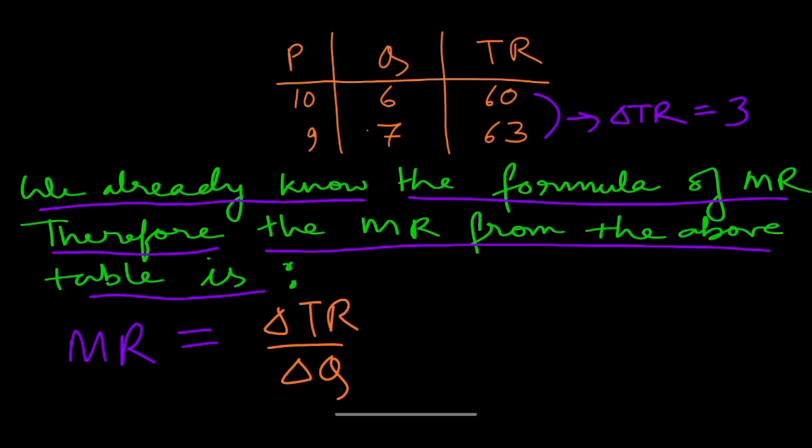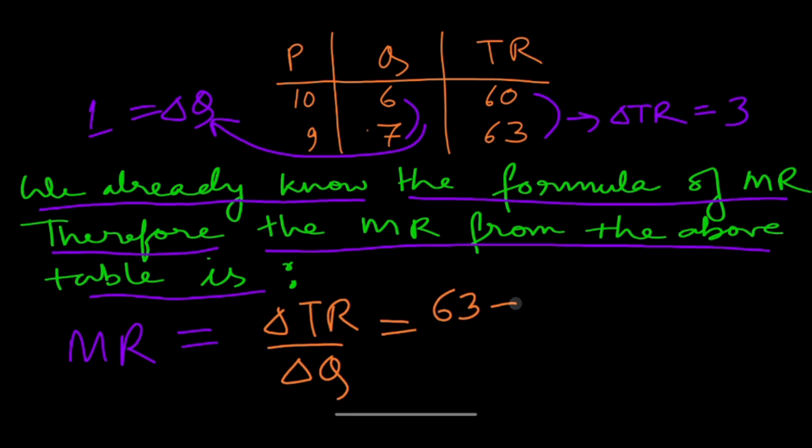Then we find the difference of Q, that is delta Q, which equals 1. Now we write 63 minus 60, which we have done above, and 7 minus 6, which gives us 3 by 1, or 3.